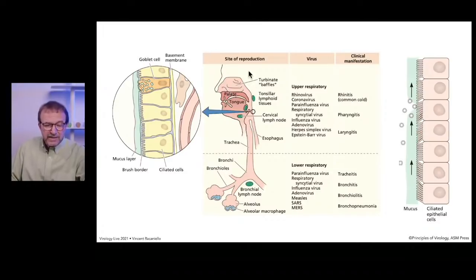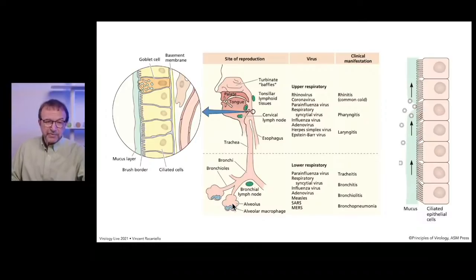You inhale them, and they can cause upper respiratory tract infections. Many viruses are restricted to the upper tract and cause syndromes like the common cold or rhinitis, pharyngitis, inflammation of the pharynx, laryngitis, inflammation of the larynx. Many viruses, including these same ones, can go into the lower tract and cause more severe disease.